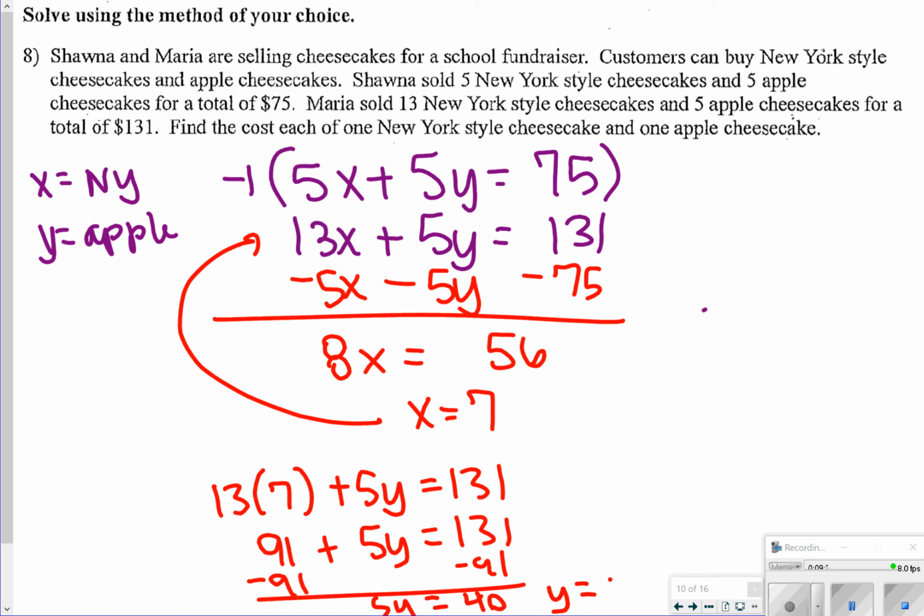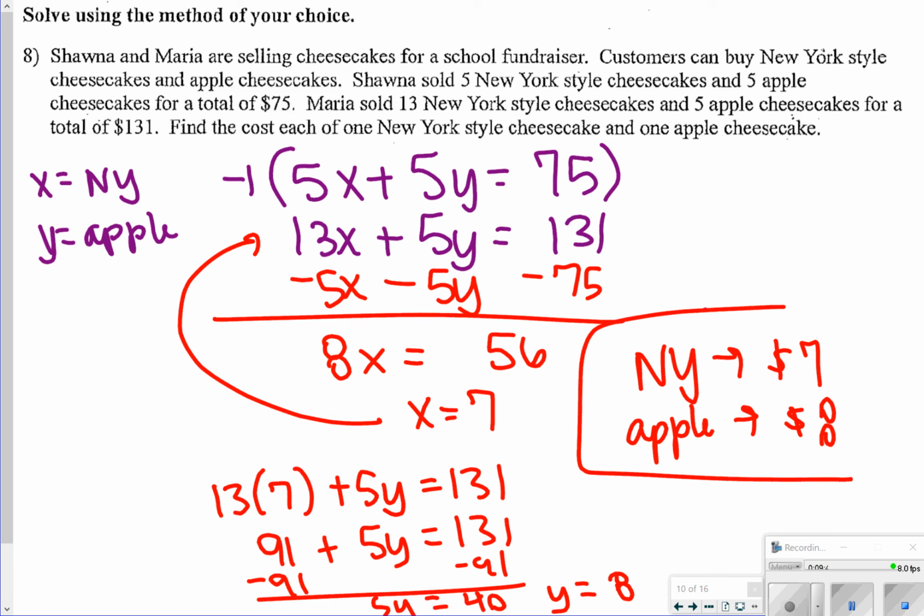So that means y is equal to 8. So the New York style are $7, and the apple, personal preference, would be $8. Okay, that's all you had to do.